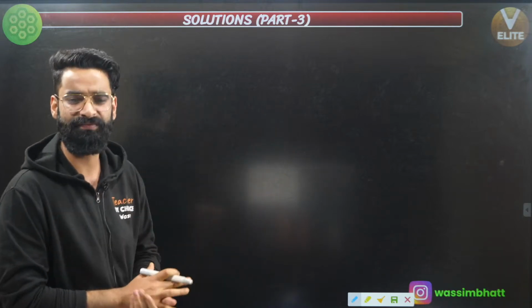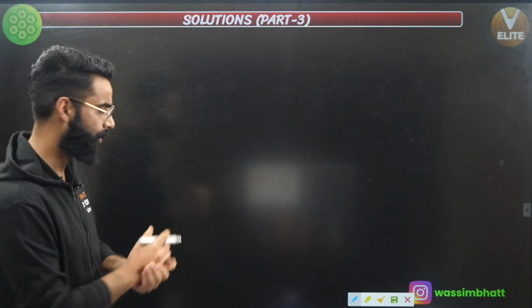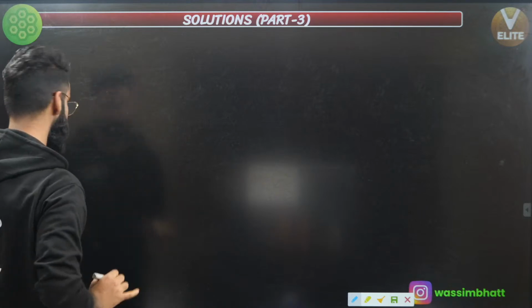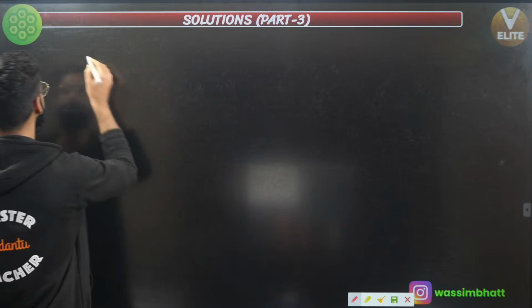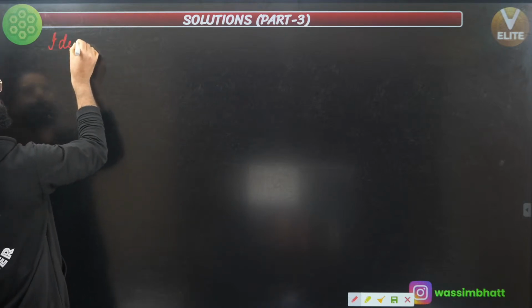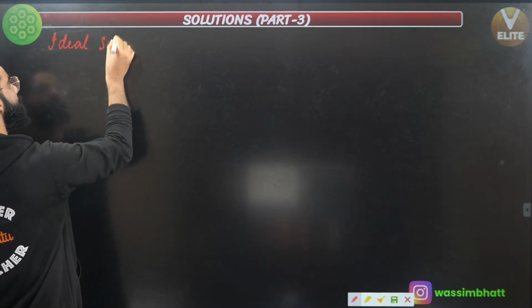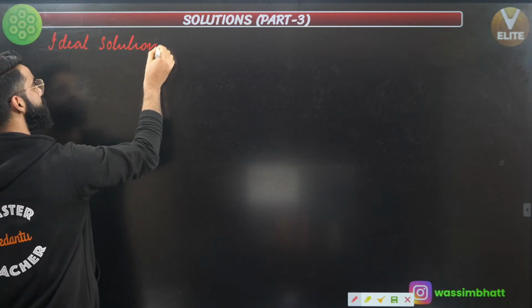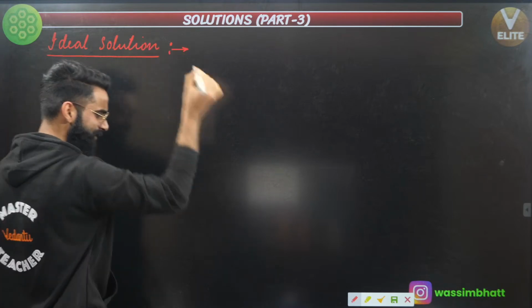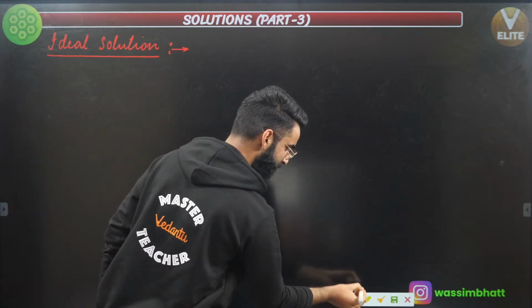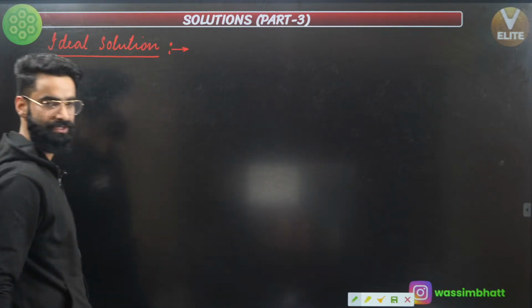In the same way, I'm going to define the ideal solution. Understand what I'm going to do over here. Let me mark the heading as ideal solution first. Ideal solution. How do we define this ideal solution? Let me write its definition first, then I'll make you understand exactly what this ideal solution is all about.